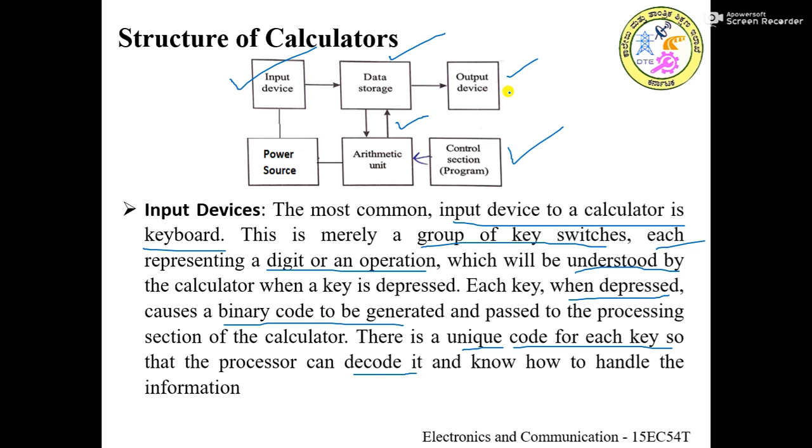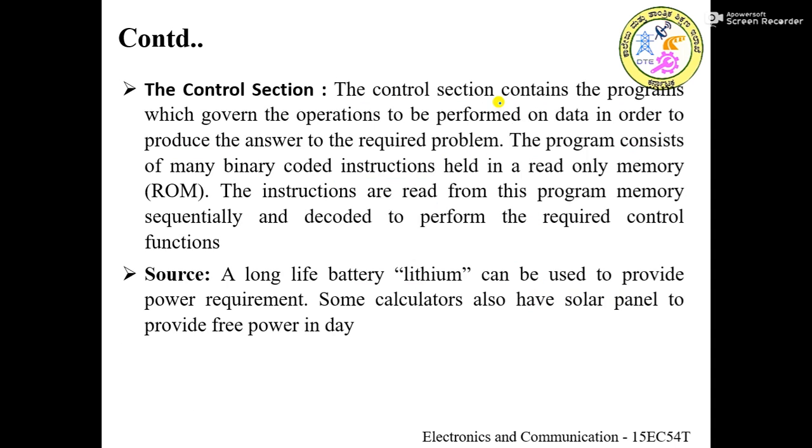So this is an output device which is used to display the results to the user, maybe in hard copy manner by using some printer devices, or using some luminous displays like LCD or LEDs. That is about the output device.